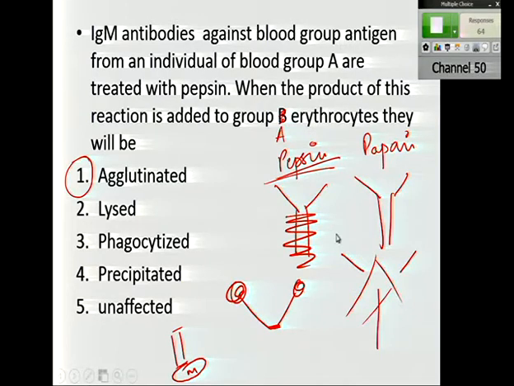Agglutination: RBC, antigen on RBC, it's agglutination. You see, it's a particulate cell. It is agglutination. RBCs cannot take part in precipitation. Precipitation is a soluble antigen. When it combines with antibody, it becomes an insoluble precipitate.